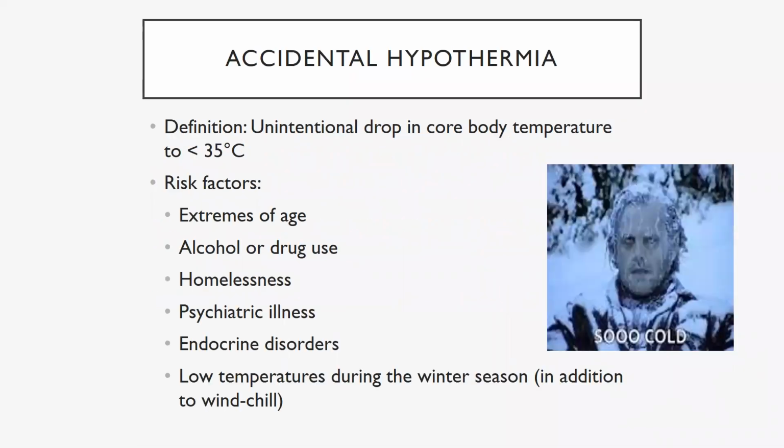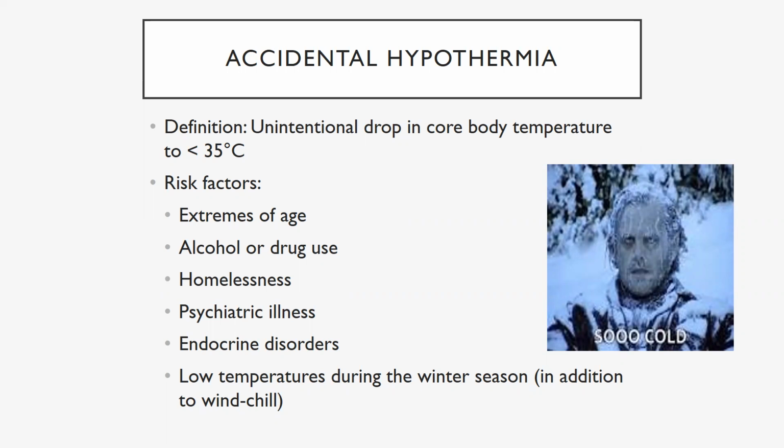So accidental hypothermia, there's a difference, right? We do encounter therapeutic hypothermia in the ER, post-arrest targeted temperature management. This is accidental hypothermia. The definition of accidental hypothermia is an unintentional drop in core body temperature. That's the key word. It's a core body temperature below 35 degrees Celsius.